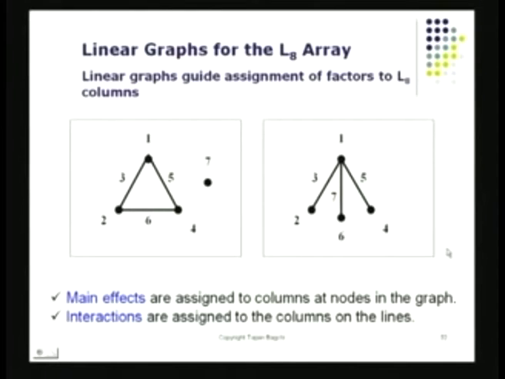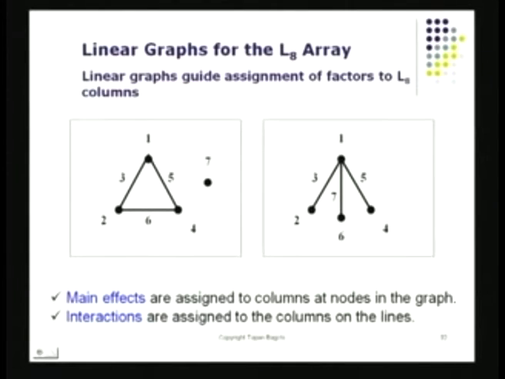And sometimes, of course, we have something associated with each OA, that is called the linear graph of that particular array. For example, look at the triangle on the left. It is showing columns. It has certain nodes and certain branches.